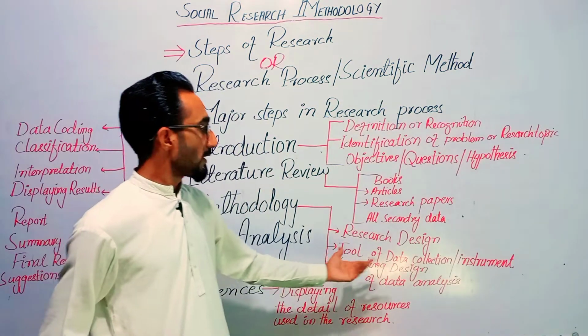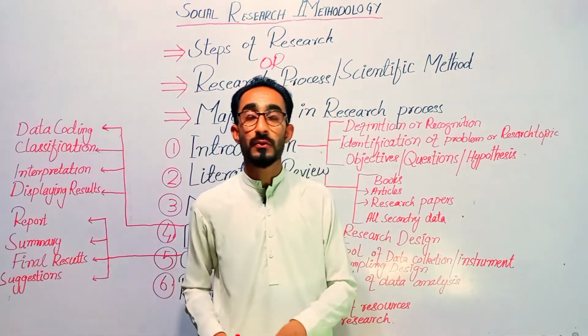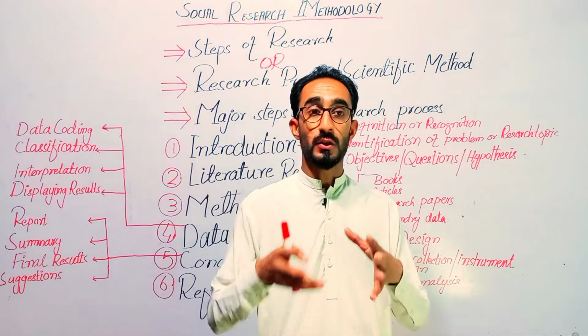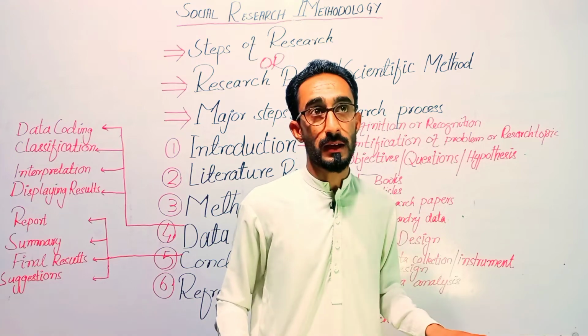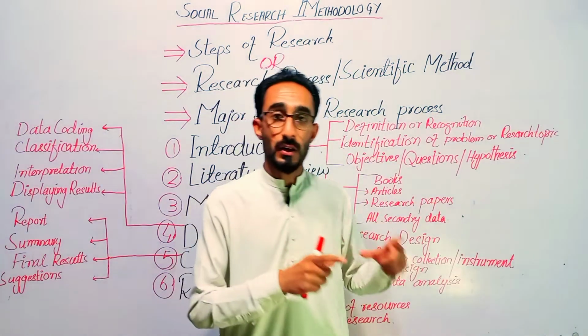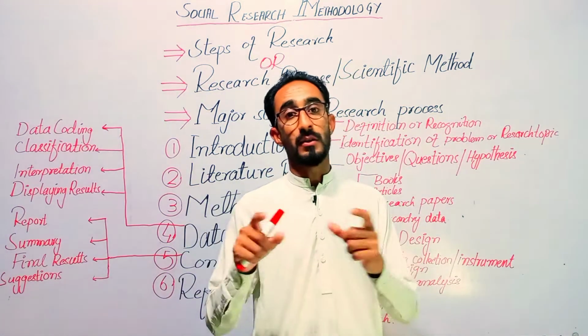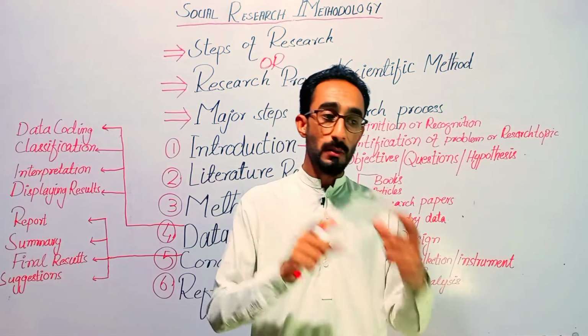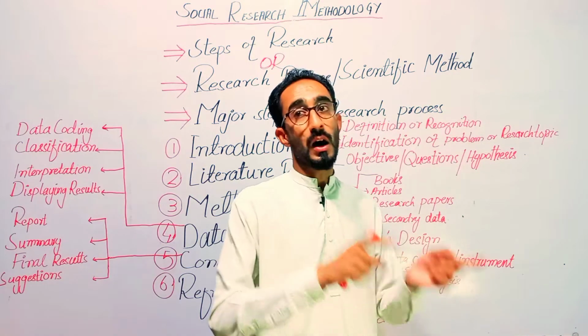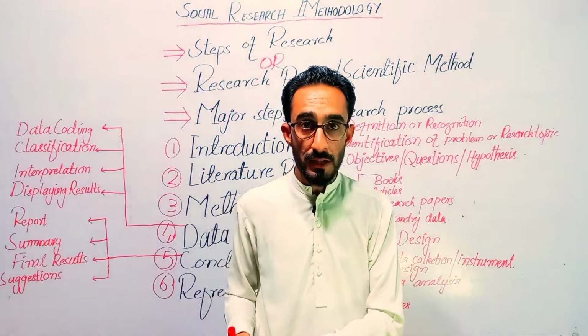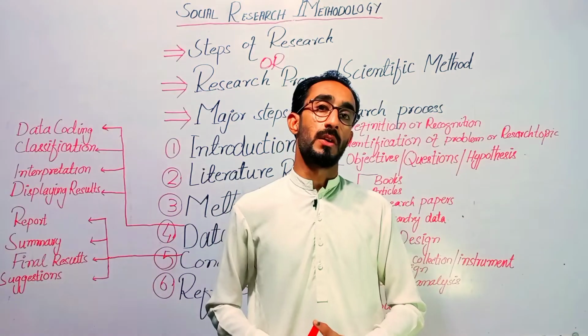The third one is sampling design. We have so many sampling designs. The two major ones are probability and non-probability sampling. Here we will decide whether to adopt a probability or non-probability sampling design, and what kind of sampling design within it we will use.